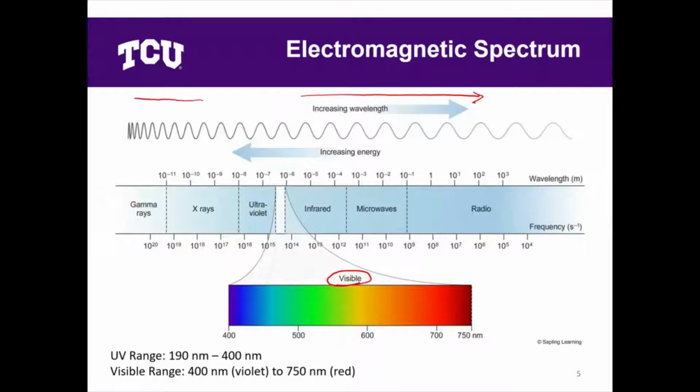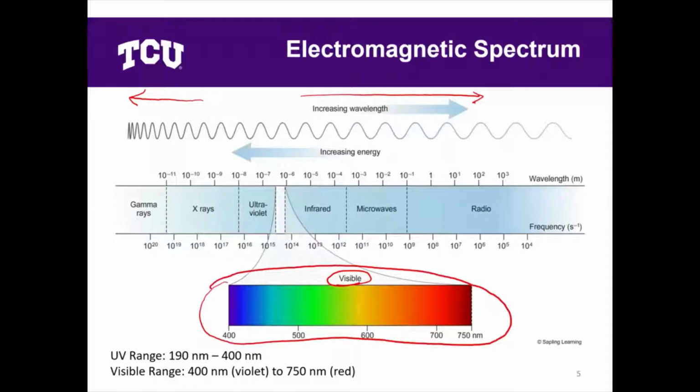As we go from right to left, we're going to shorter wavelengths, higher energies, and higher frequencies. In today's lab, we're specifically looking within our visible spectrum because we're going to be monitoring actual colored species. So we're going to be dealing here between 400 and 750 nanometers. So our lambda max that we're measuring should be somewhere between 400 and 750 nanometers.